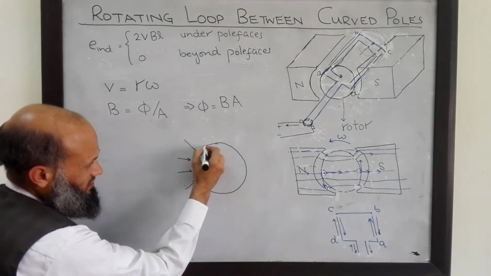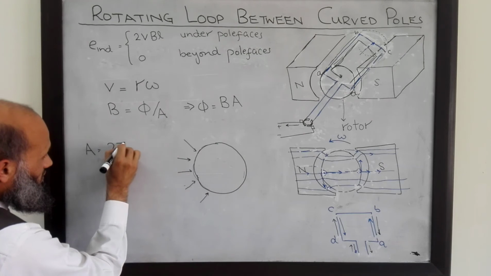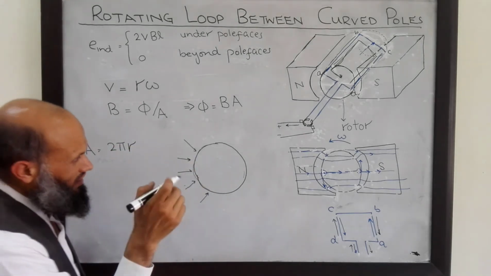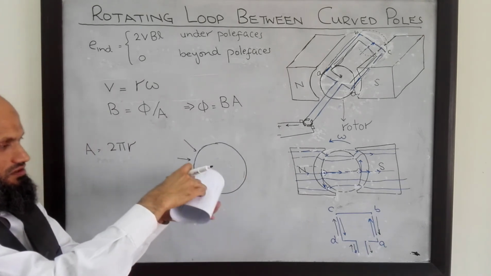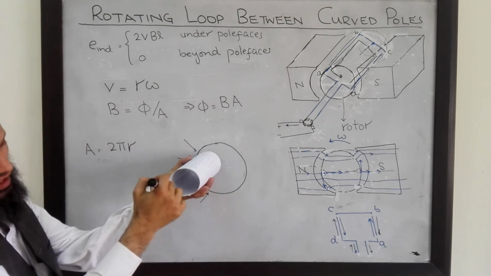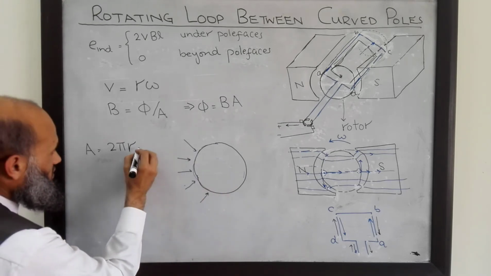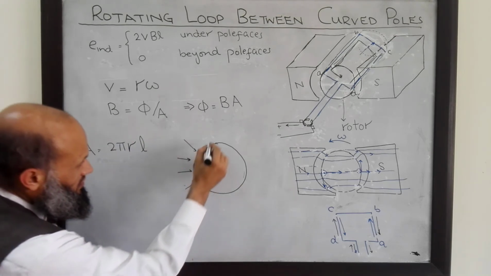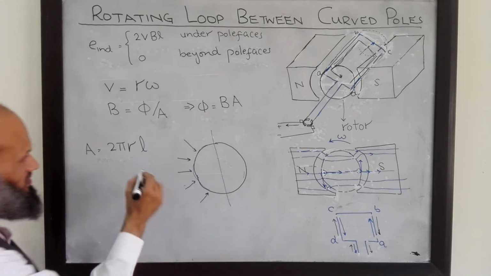That is this whole length, which is 2 pi r, and this length over here is L. So this is total area, and half of it is perpendicular to these flux lines.